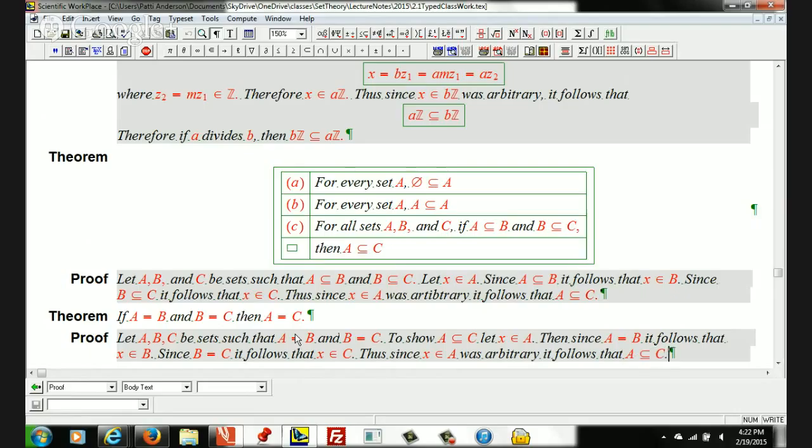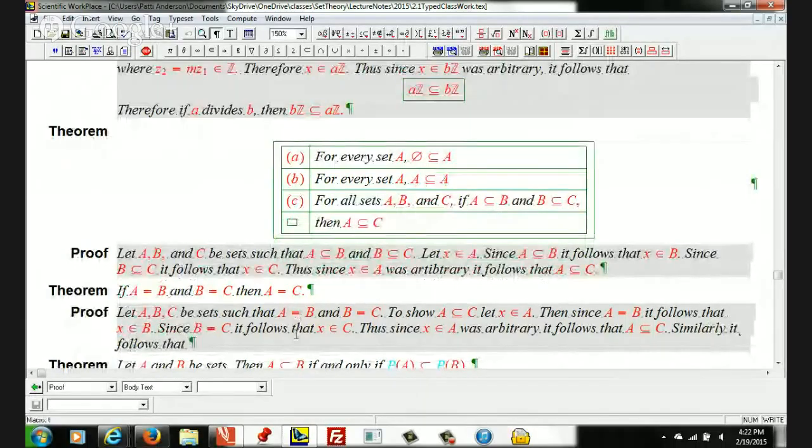Now, is there any difference from starting in C and going back the other direction? The proof would be identical, other than exchanging the letters, so we can do something to shorten it. It's called symmetry. So I have containment going both directions.